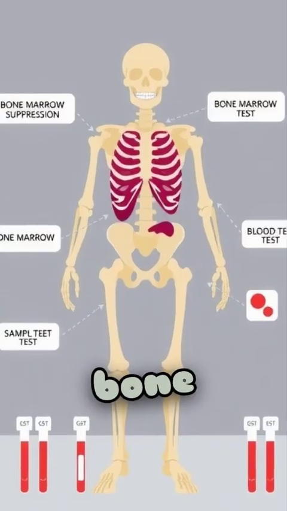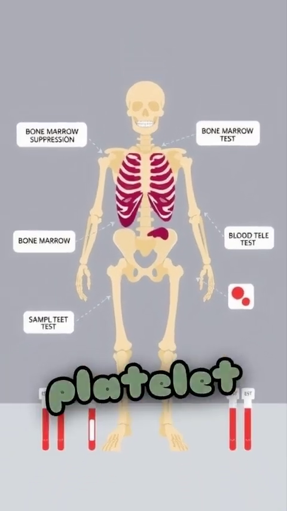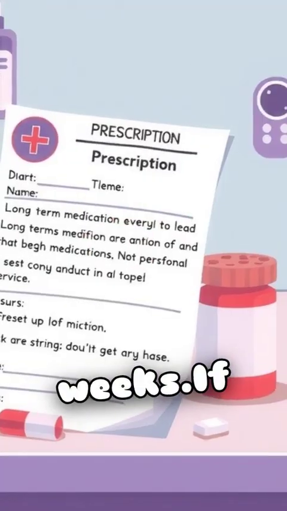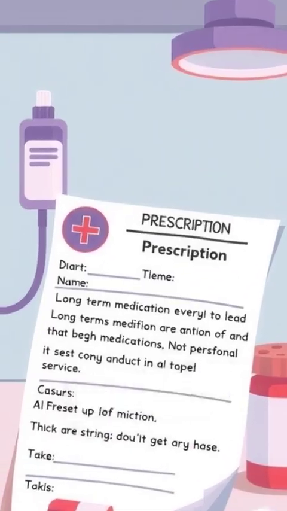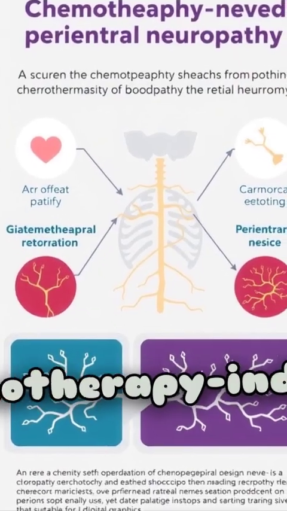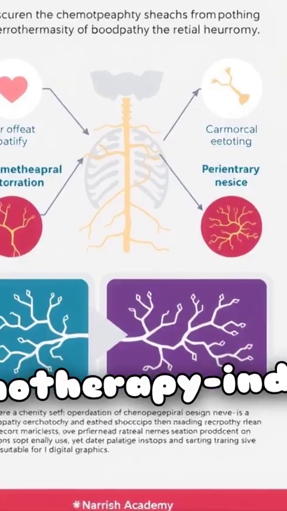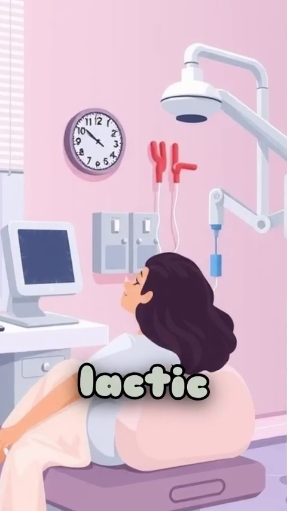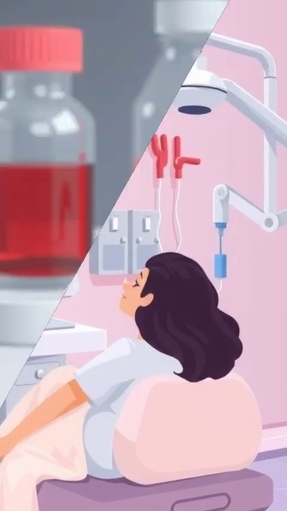Linezolid can cause bone marrow suppression and low platelet counts, particularly when used for more than 2 weeks. If used for longer periods still, it may cause sometimes irreversible peripheral neuropathy and optic nerve damage, and lactic acidosis.